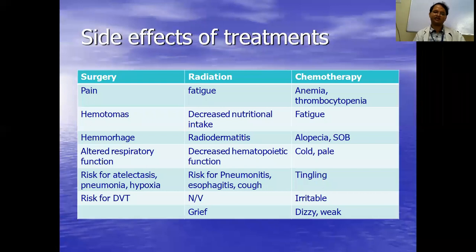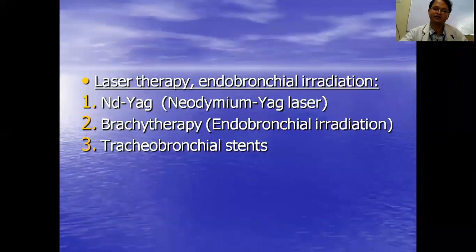In the radiation, nutritional intake will be decreased, and hematopoietic function might be low. In the chemotherapy, patient might be having anemia and thrombocytopenia, as well as fatigue, alopecia, dizziness.